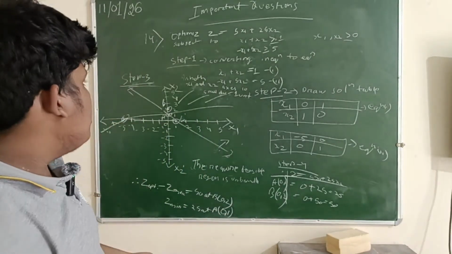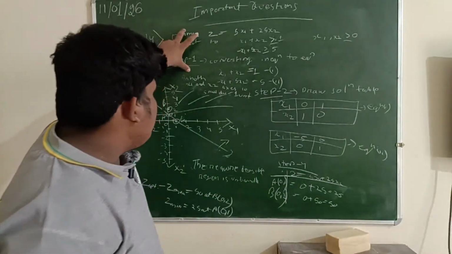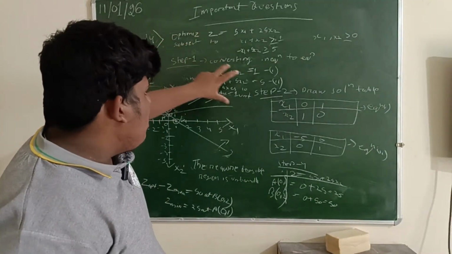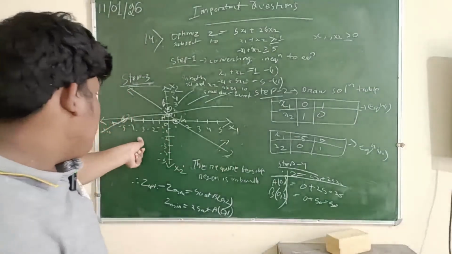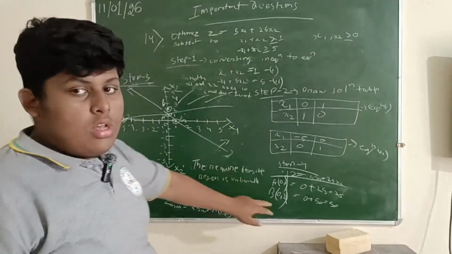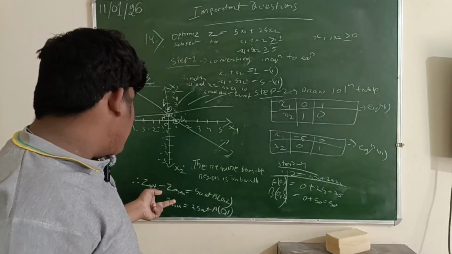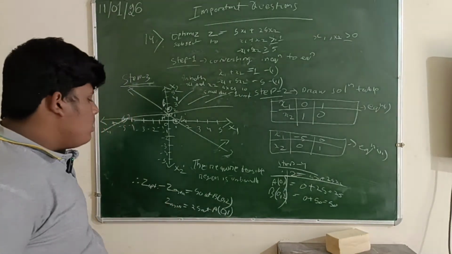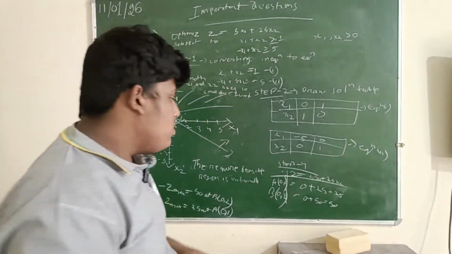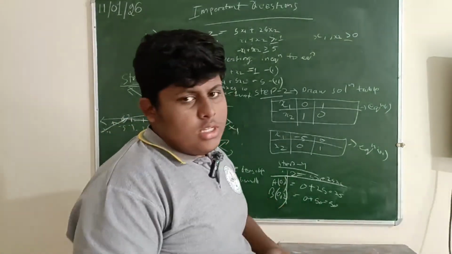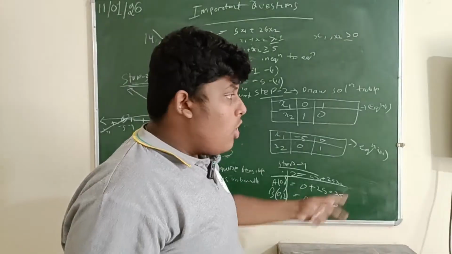So this whole question has the given part, then step 1, step 2, step 3, the graph, the most important one, step 4, then the last therefore part. This whole comprises a 5-mark question. So today's class, all topics and questions are covered.